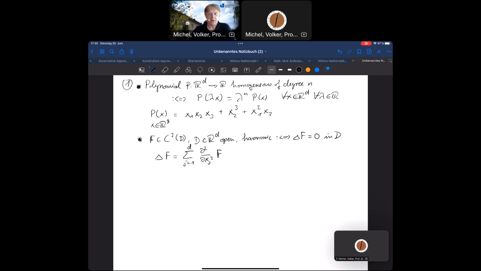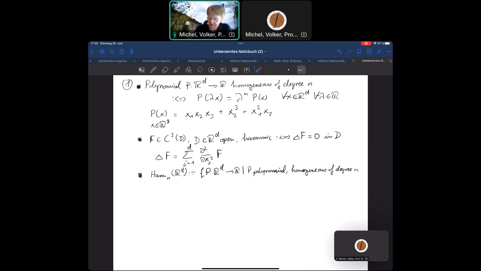Now we can unite that into one concept by saying, let's have a look at the set which is called Harm_n(R^d), and let's say this consists of all functions p from R^d into R, which have the properties that, first of all, p is a polynomial which is homogeneous of degree n, some non-negative integer n, and that's the very same n that is the index.